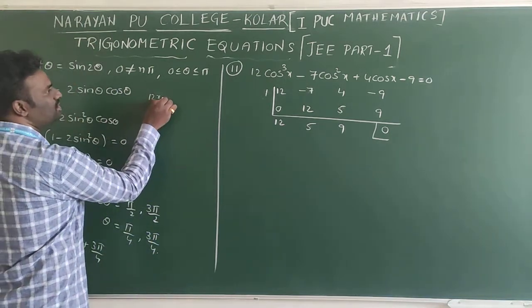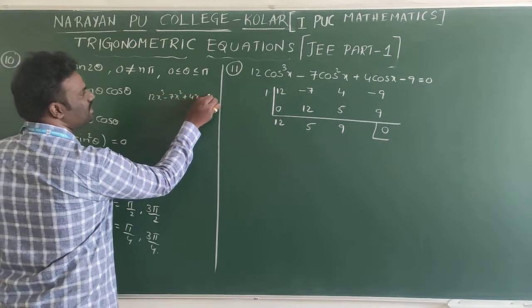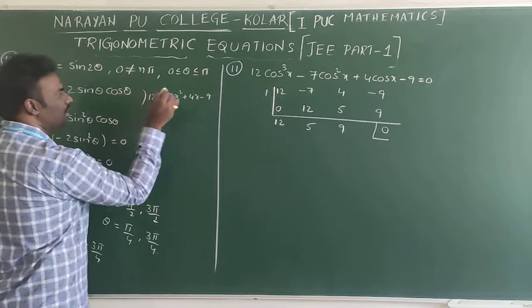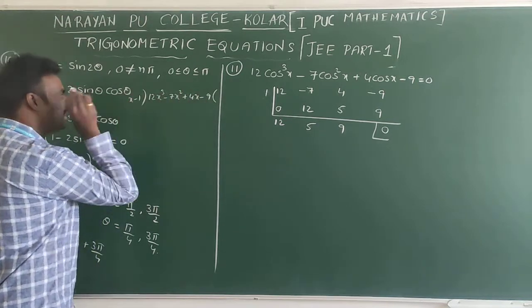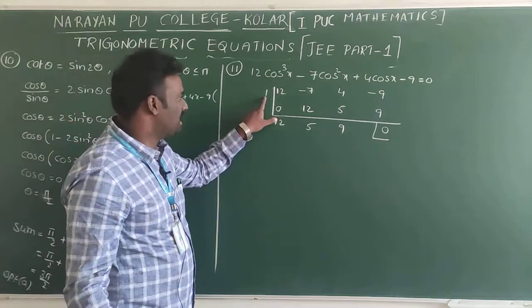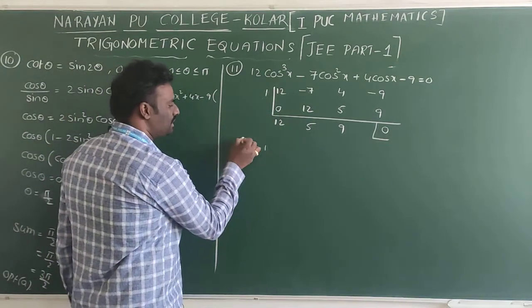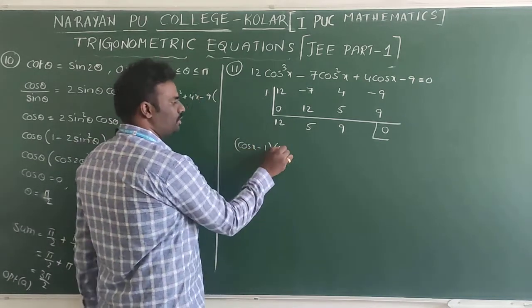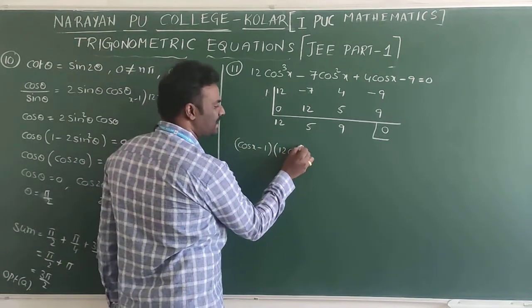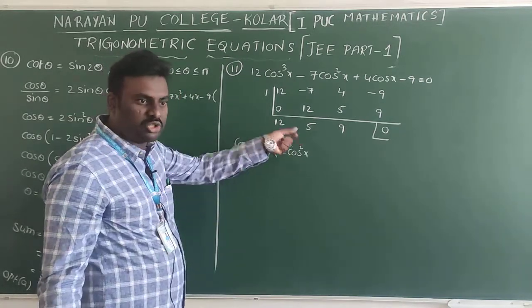Now 12x cube minus 7x square plus 4x minus 9. This can be divisible with x minus 1. You can apply this concept also. Now here plus 1 is there, now you will get minus 1. Cos x minus 1, 12 cos square x. In cube already one root is there, that's why I reduce it to square.